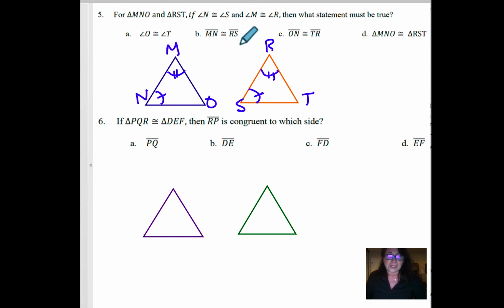That's not an option. It would make MO congruent to RT, NO congruent to ST. That's not true. Angle O would have to be congruent to angle T.